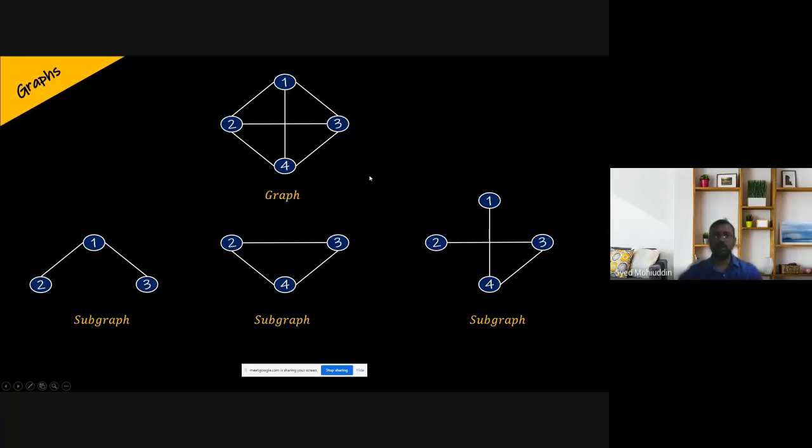Here the set of vertices is 1, 2, 3, 4. So 1, 2, 3 is a subset of 1, 2, 3, 4. Even here you can check the same way. Even this is a subset, there's no problem. Then edges also will be a subset of the edges of this original graph. So subgraphs are nothing but a part of those graphs. So these are the three possible subgraphs. Well, you can have many more subgraphs.